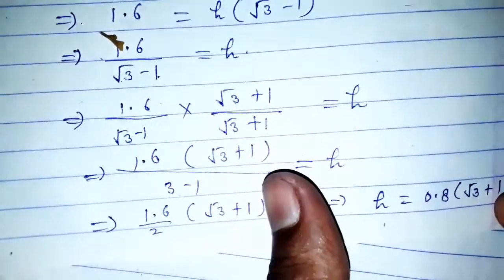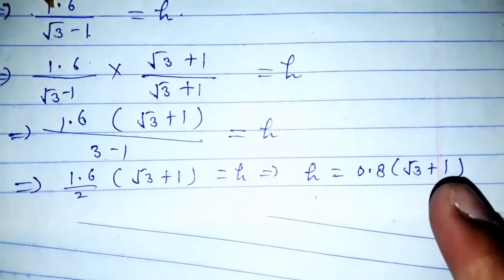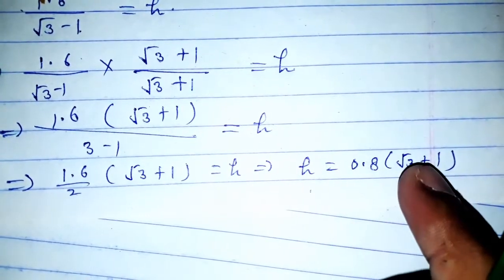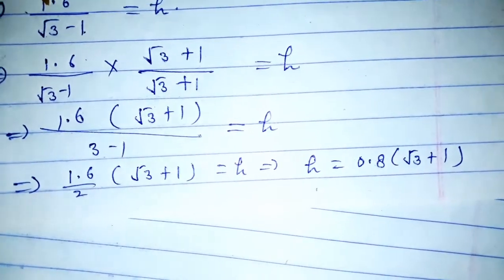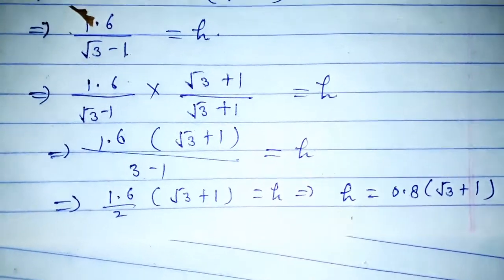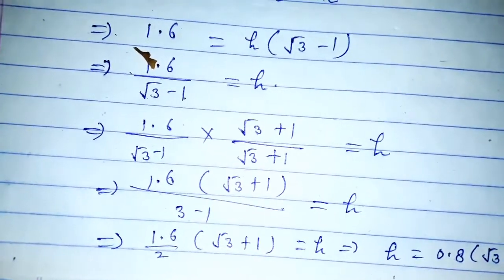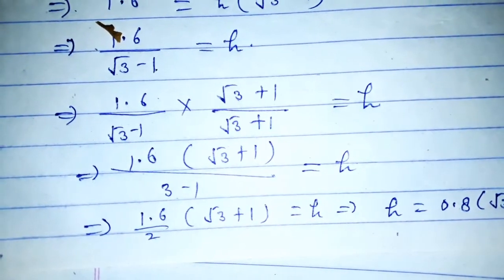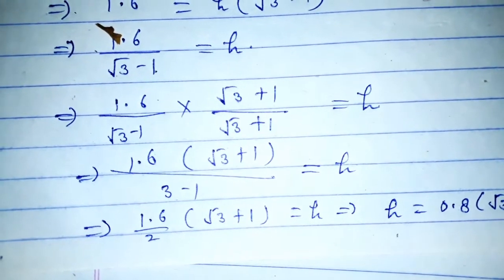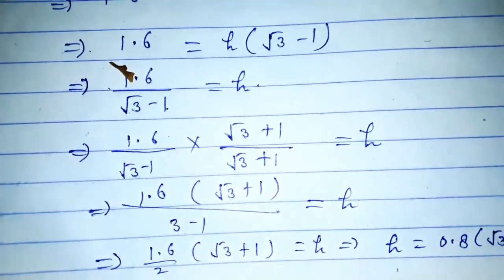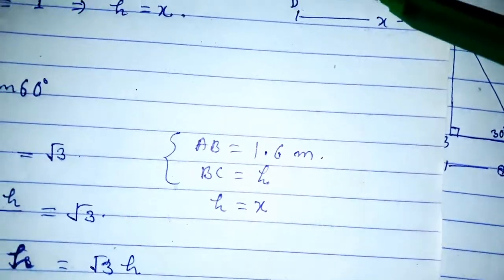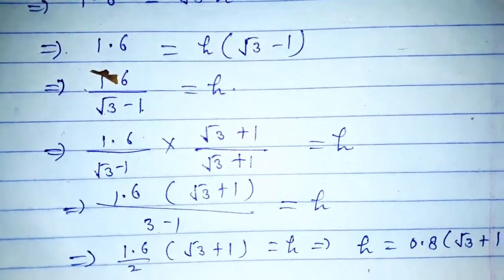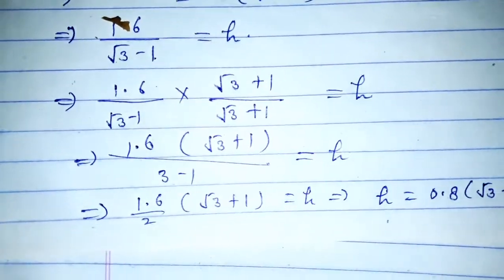If we further solve this, put the value of root 3, add 1, multiply by 0.8, to find the height of the statue. Sorry, not the height of statue, this is the pedestal height. This is the height of pedestal, this is the answer, and this value is in meter.